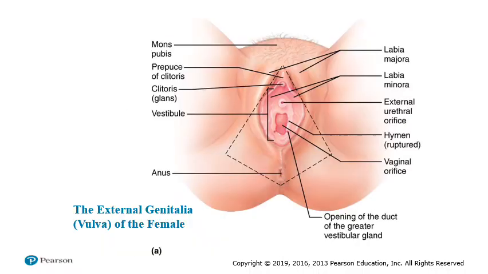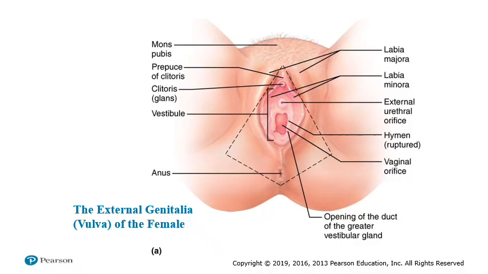And here's the external genitalia, showing also the perineal or perianal diamond shape. All external genitalia, both male and female, are within the perineum, which is a diamond-shaped area in our groin area.